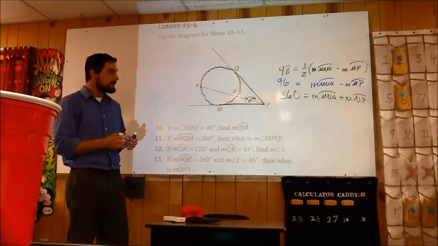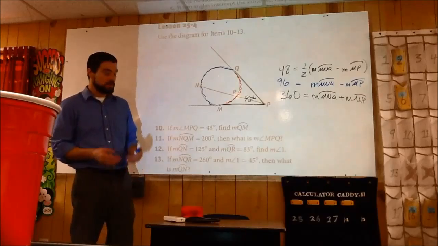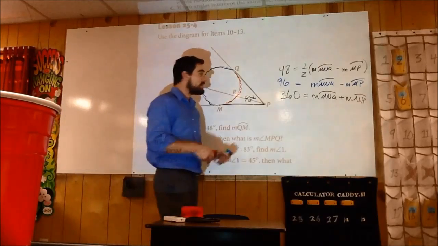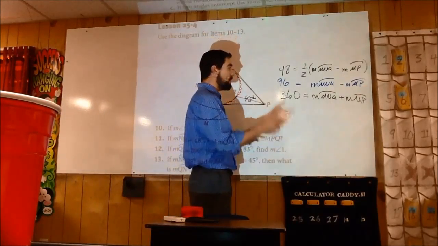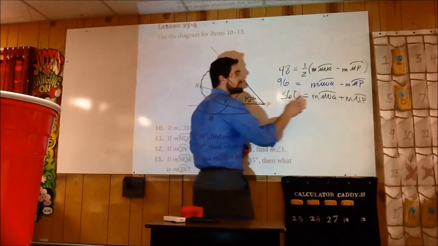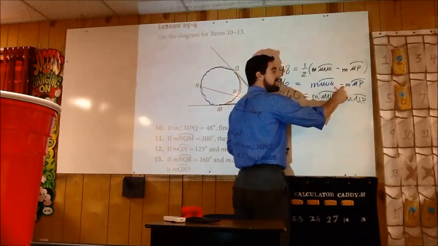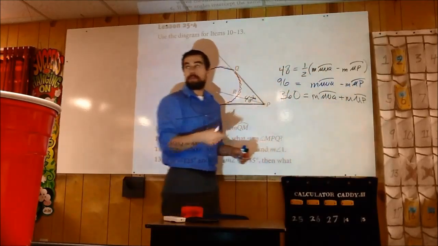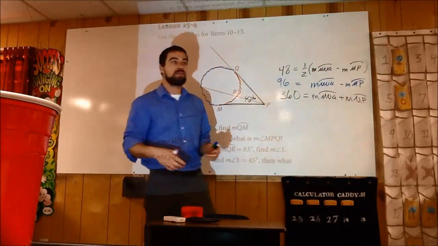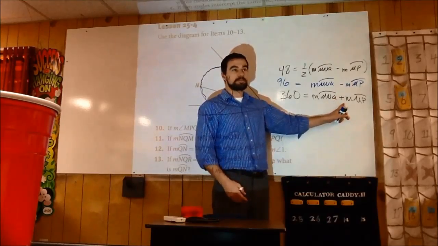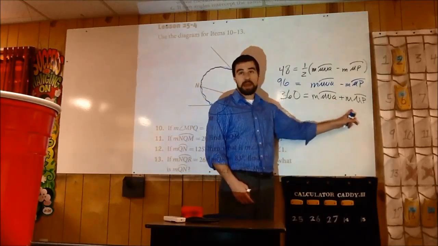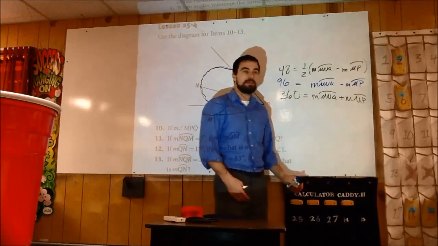The reason I've done that is because now it's very easy to use the technique of elimination to solve for one of our variables. So I see that the measure of minor arc MP in the first equation has a coefficient of -1. However, on the other equation, that same unknown has a coefficient of +1.